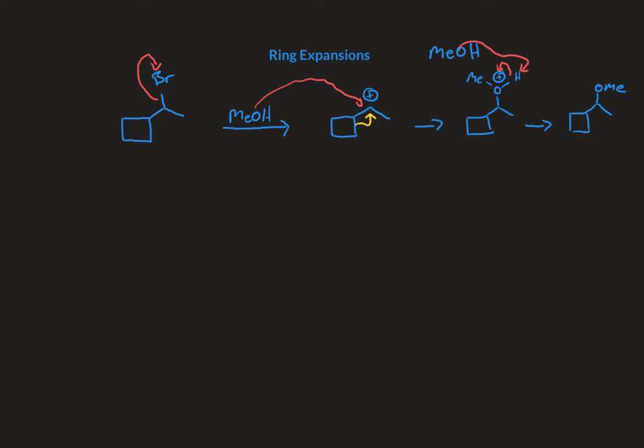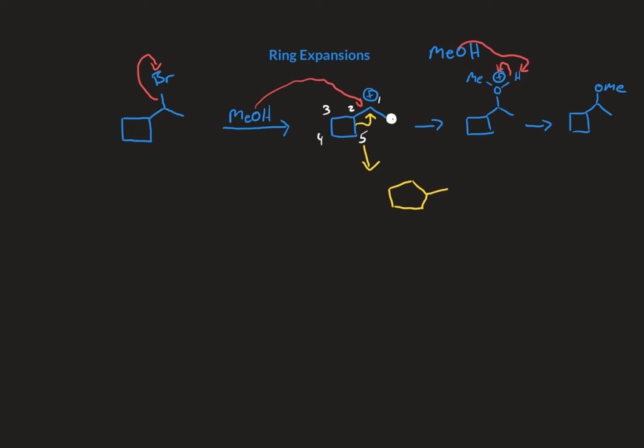And so that could shift, and I'm going to number my carbons 1, 2, 3, 4, 5. And so I'm expecting a 5-membered ring now. There's a methyl group here hanging off of one carbon.